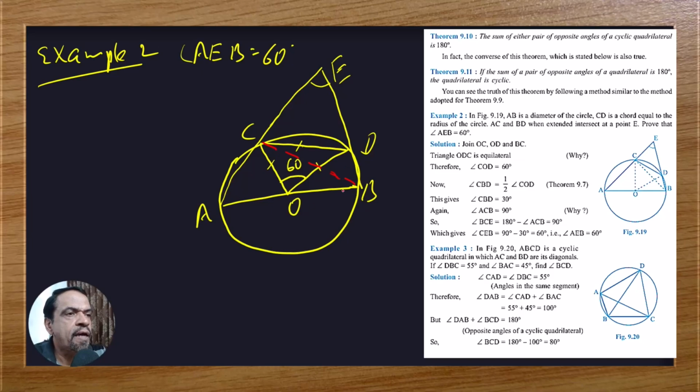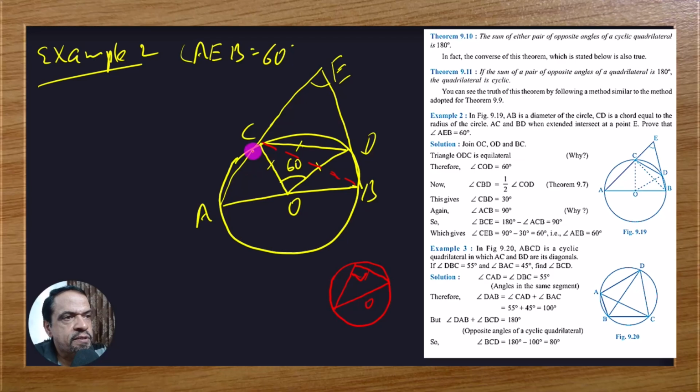Now see, angle in the semicircle, one of the important concepts. Angle in a semicircle is always 90 degrees. If this is a diameter and there is a triangle around it, this will necessarily be a 90 degree right angle.